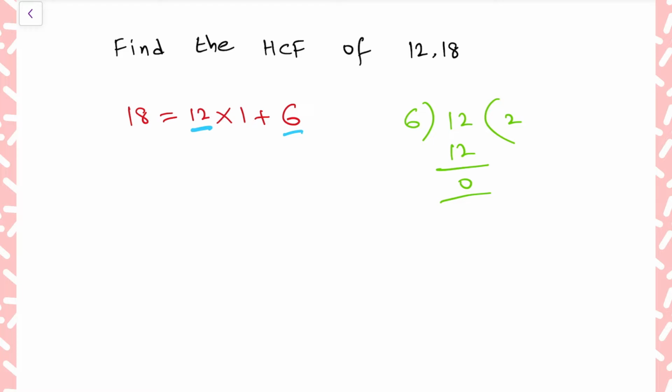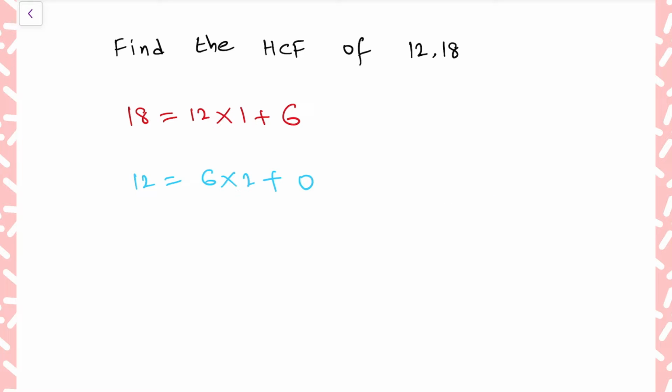Again we need to write dividend equals divisor into quotient plus remainder. Whenever we get the remainder as 0, we need to stop the process there. After getting the remainder as 0, we need to check the divisor. That is 6. Then HCF of 12 and 18 is 6.